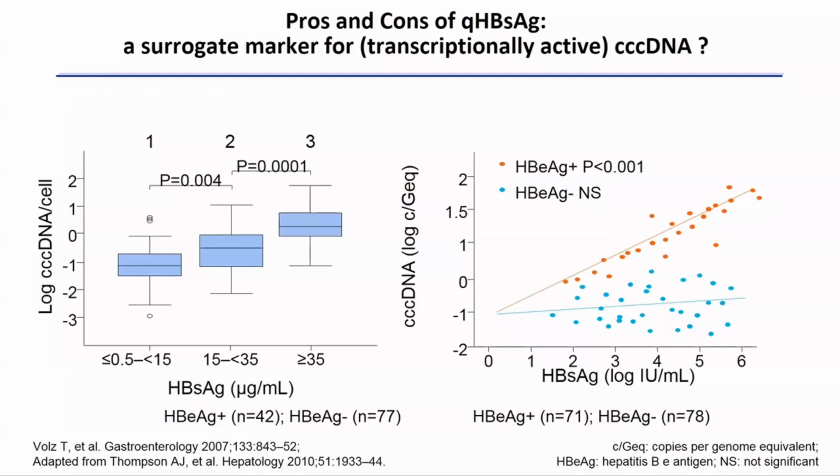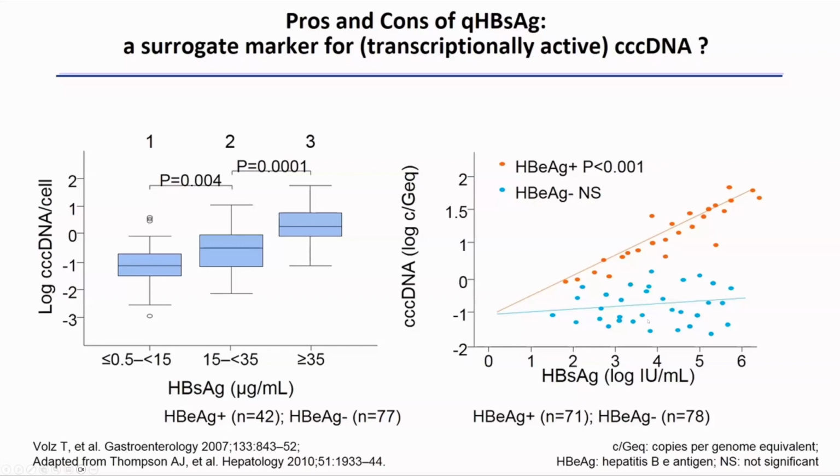But this slide makes the same point with the data. The question is whether HBs antigen is a good surrogate for transcriptionally active cccDNA. In e antigen positive patients, there is a reasonably good correlation between serum HBs antigen levels and the cccDNA in the liver.